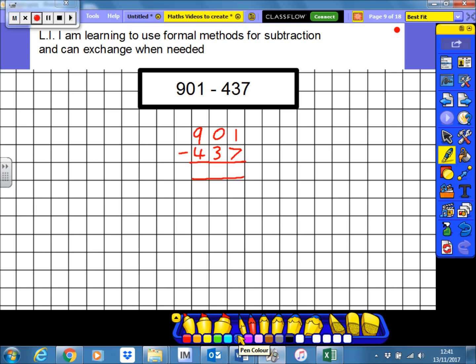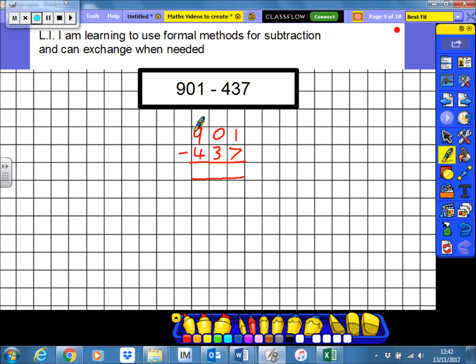You need to pay attention here. 1 take away 7 we can't do. But there is a problem, a confounding factor. We can't borrow from the tens column because there's nothing in it. There's a 0 here. So instead, we're going to have to borrow from this column, the hundreds column.